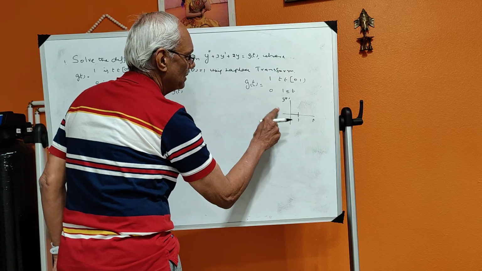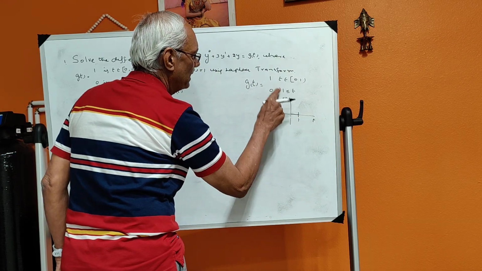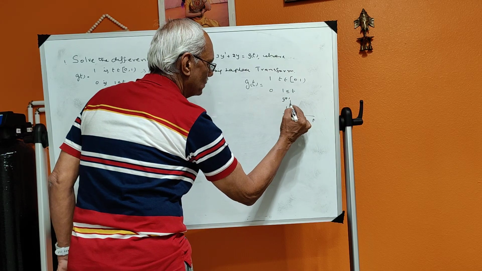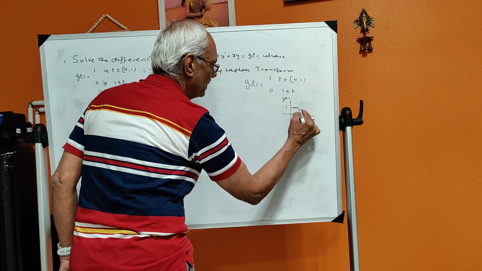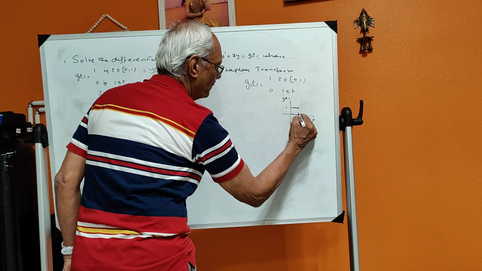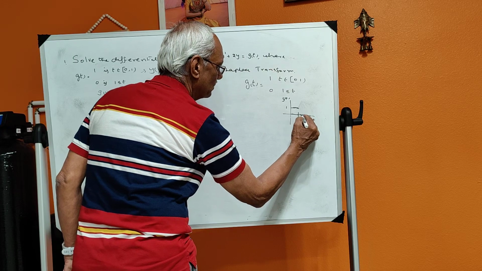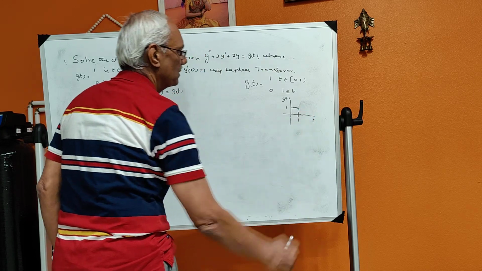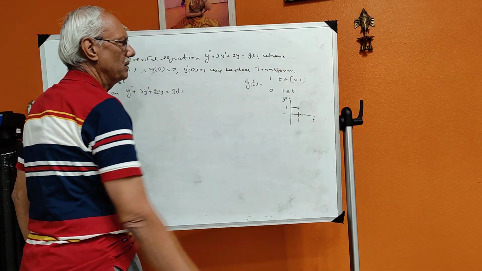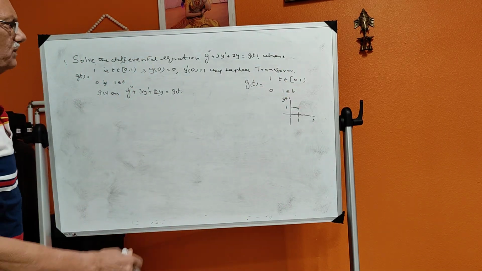See, from 0 to 1, it takes the value 1. After that, it takes the value 0. So this is how this step function is defined, and for this we have to find the solution.